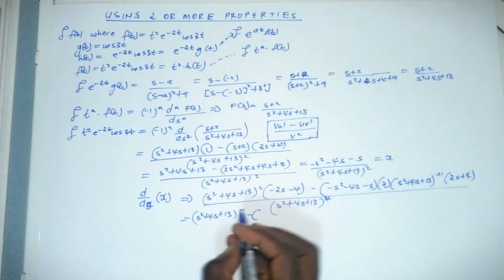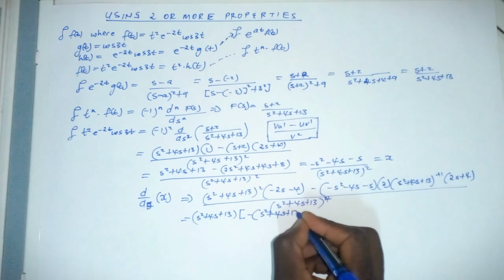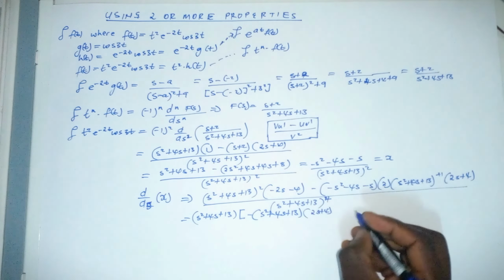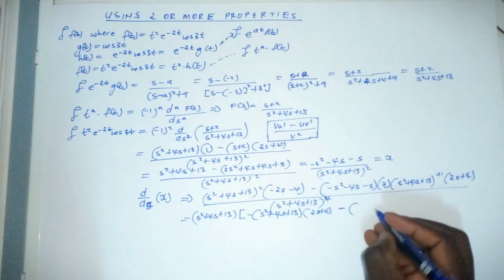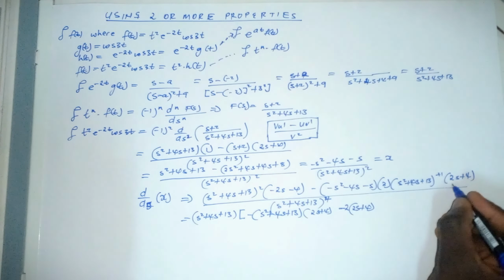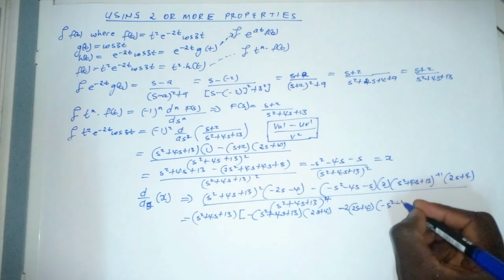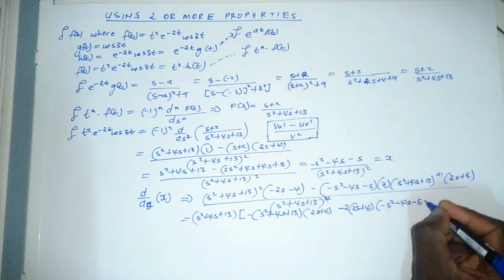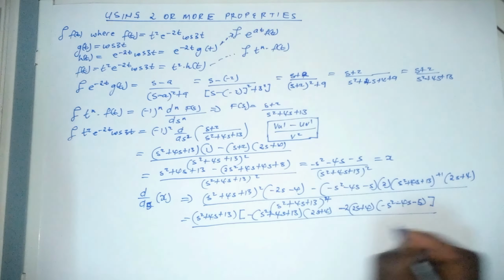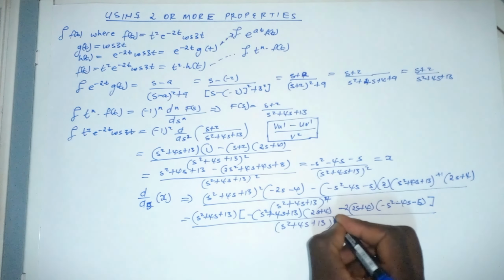So I'm going to have s squared plus 4s plus 13 multiplied by 2s plus 4 minus, here we have 2s plus 4 multiplied by negative s squared minus 4s minus 5, divided by (s squared plus 4s plus 13) to the power 4.